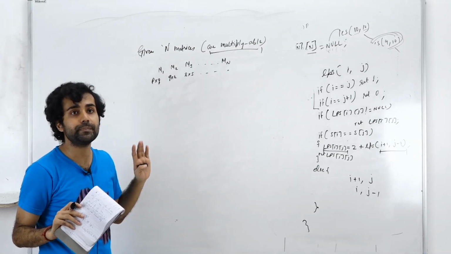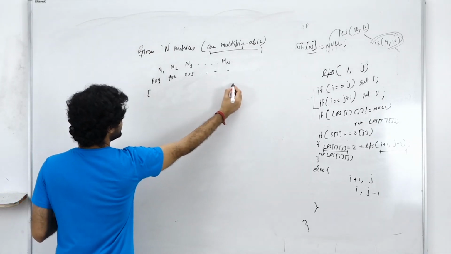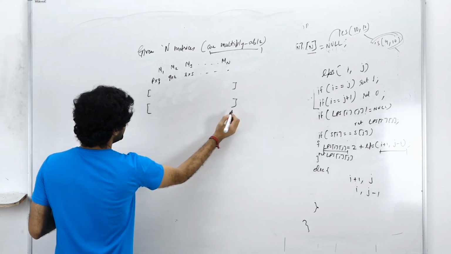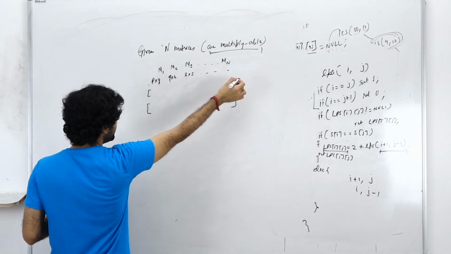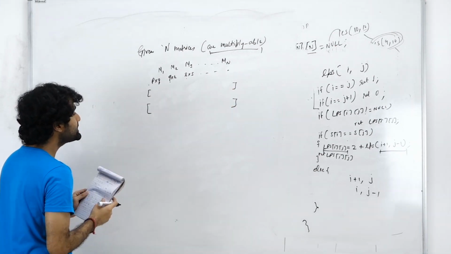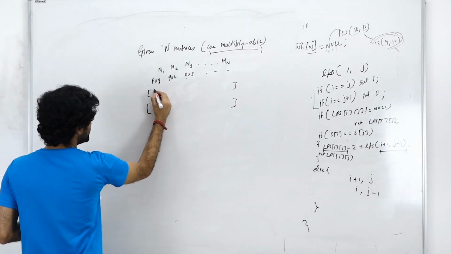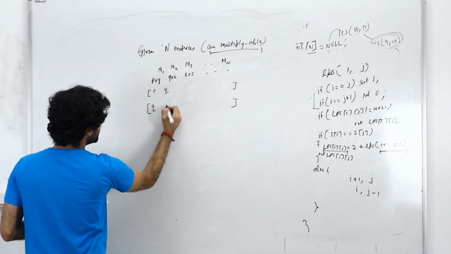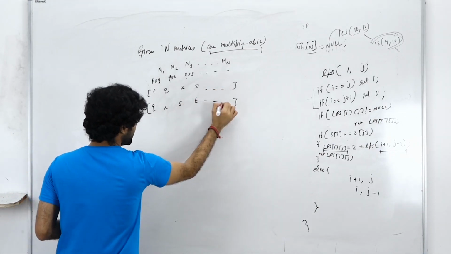You have just been given their dimensions. So just think of it in this way, that there are two arrays. So the first array contains the first dimension of every matrix and the second array contains the second dimension of every matrix. So the values over here will be PQ, here it will be QR, here it will be RS, here it will be ST, and then so on and on.